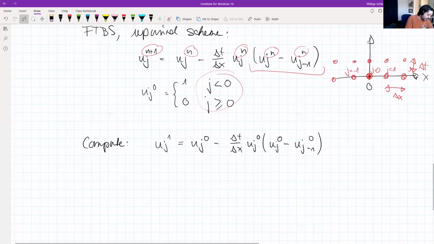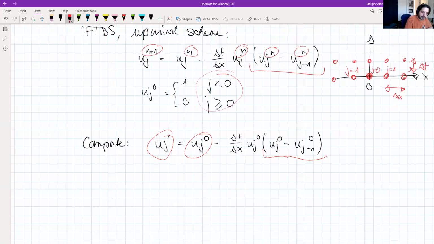What this rule means is that I update the grid point value Uj from 0 to 1, one step in time, depending on this difference.